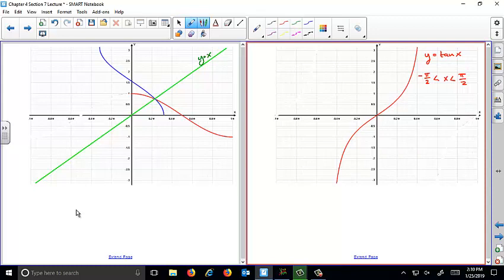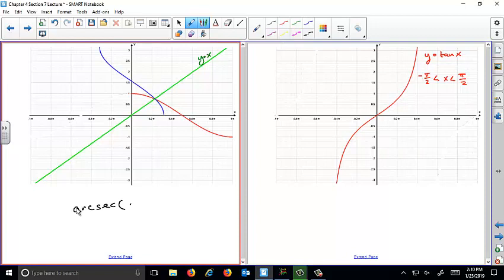Just for an example, if I had the arc secant of 2, that would be the same as the arc cosine of 0.5. So if I get something in this form, I can always just take the reciprocal of the argument, and I can get the answer that I need. So we don't worry about what they look like.